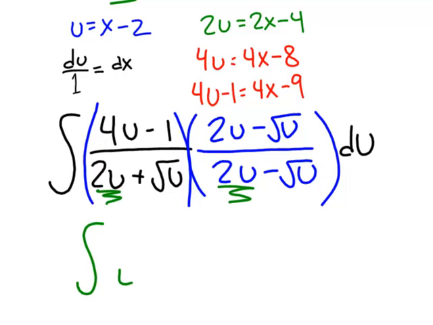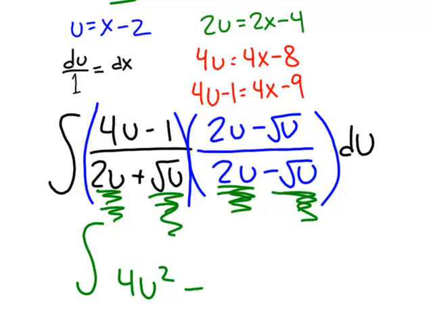That's going to be 4u squared. And then the outer terms, the 2u times minus root u plus root u times 2u, those are going to cancel out. And let's go on to our last term, minus root u times root u. That's going to be minus root u squared, which is just u.